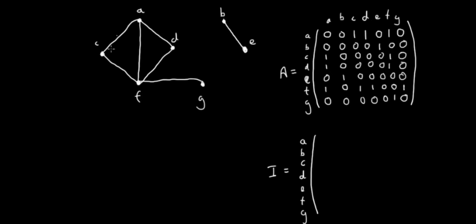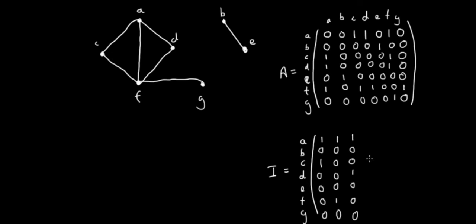Okay, so the first edge, let's say A, C, has an edge joining A and C, and therefore I have 1s next to A and C and 0s in all the other rows. That's my first edge. Then an edge joining A and F, so a 1 next to A and a 1 next to F, and 0s elsewhere. A to D, so a 1 next to A, a 1 next to D, and the others are 0.